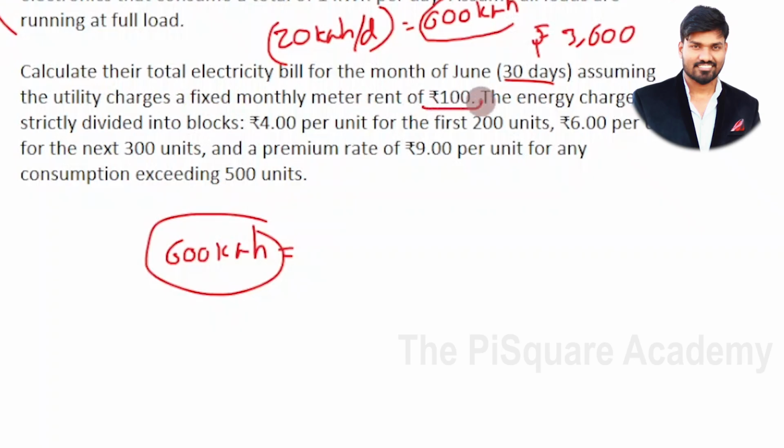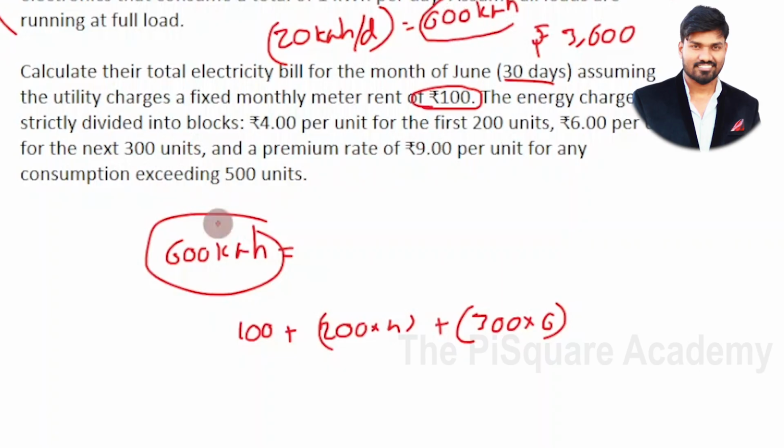Fixed charges in this case is 100 rupees, plus the energy charges strictly divided into blocks. 4 rupees for the first 200 units, so 200 into 4. 6 rupees for the next 300 units, so 300 into 6. Then above 200 plus 300, 500, premium rates apply.